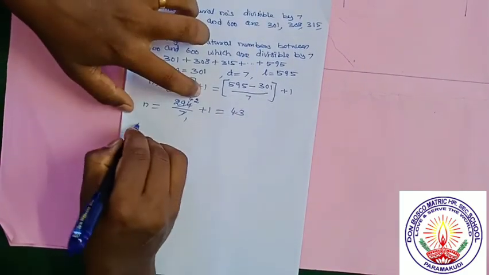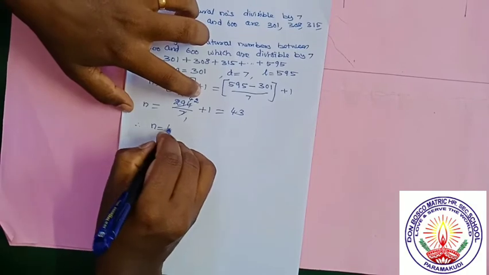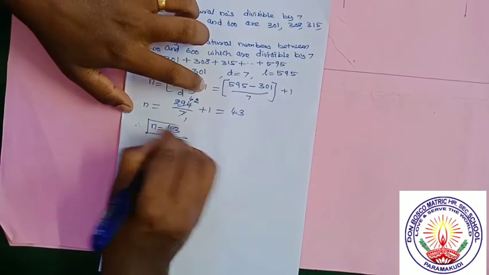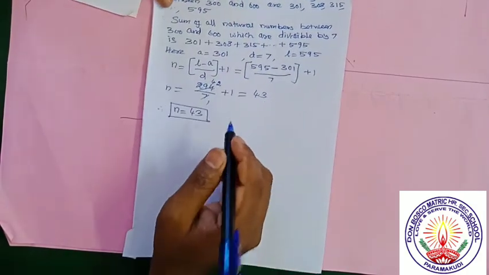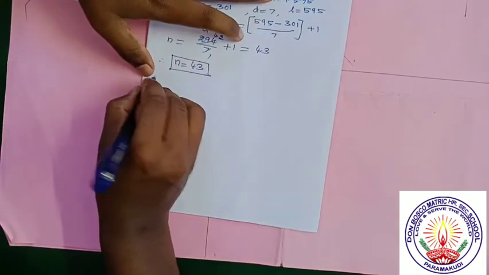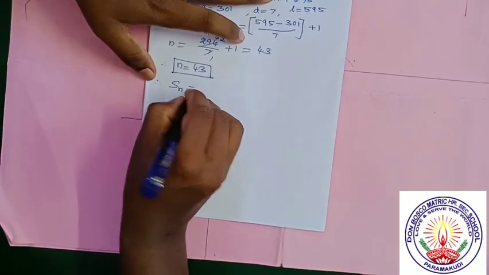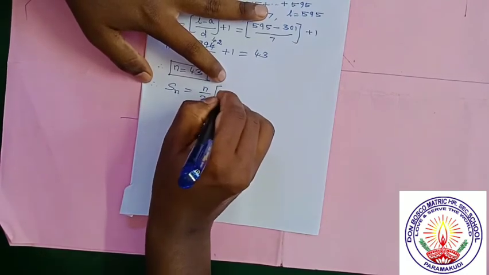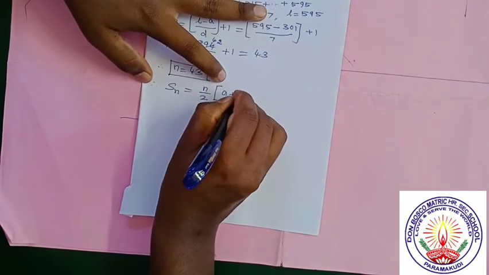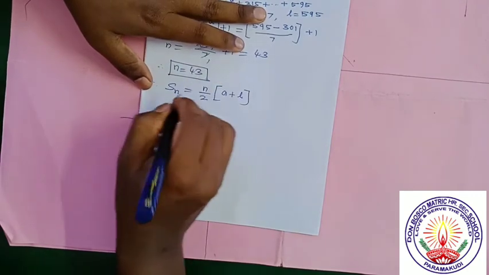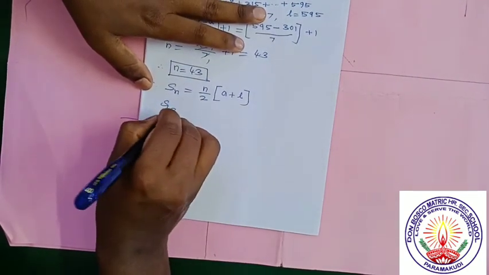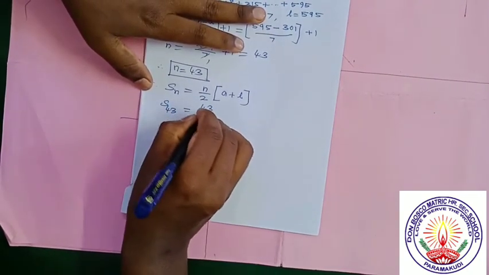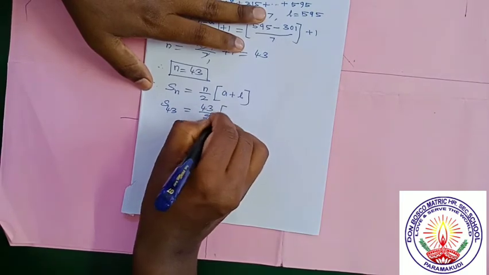Therefore, n is equal to 43. But our problem is to find the sum. Therefore, the sum S n is equal to the formula n by 2 into (a plus l). So here n is equal to 43. So S 43 is equal to 43 divided by 2 into (a plus l).